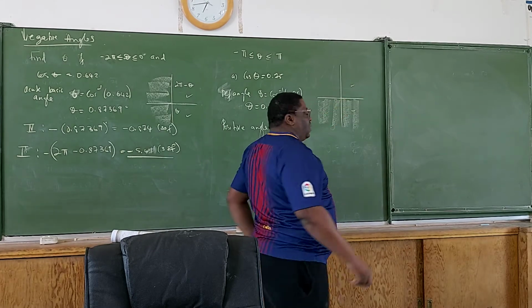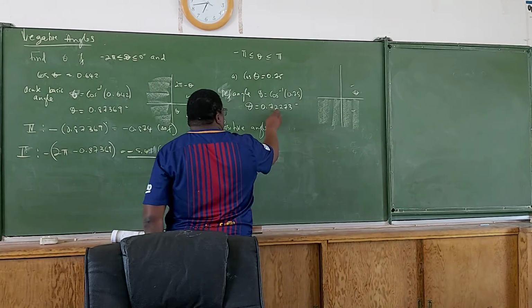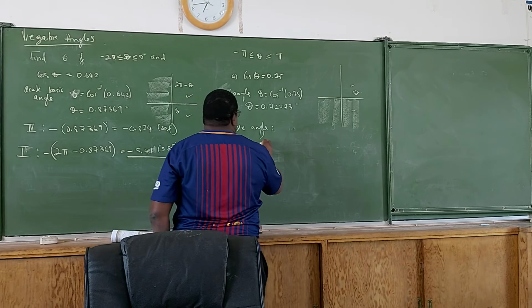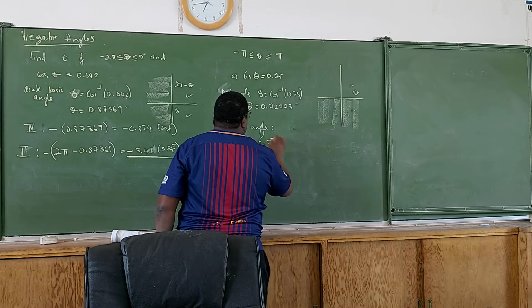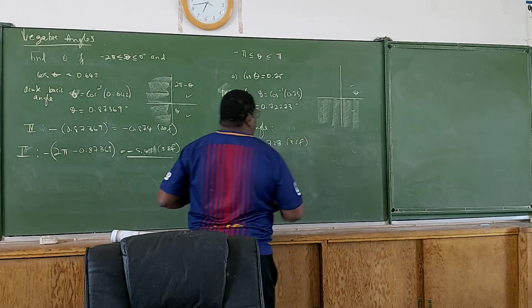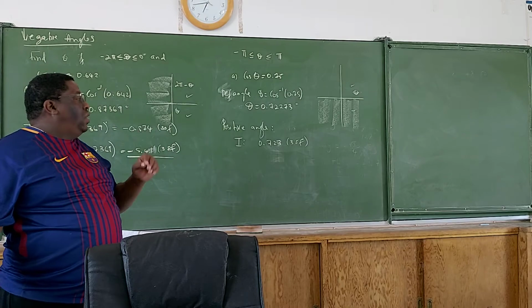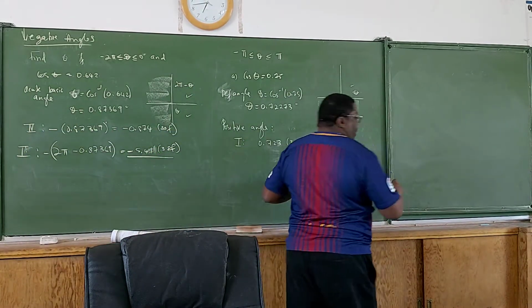Does that make sense to you? So for example, this particular answer would be in the first quadrant. When the angle is positive, it's going to be 0.722. Maybe I can put 2, 3 significant figures, radians.